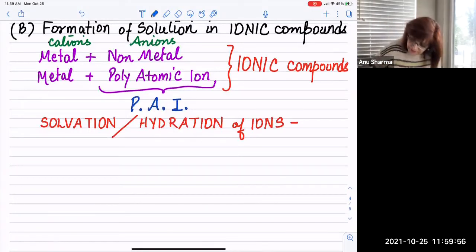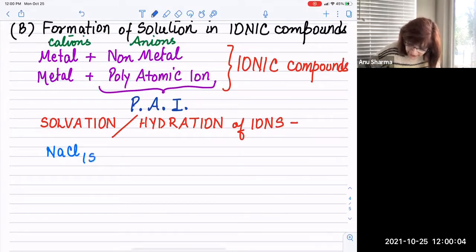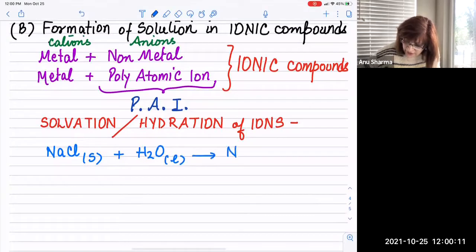How does this work? So here you have sodium chloride, for example, NaCl, and this is soluble in water. First of all, this is a solid, and when you combine it with water, which is a liquid, this is giving you NaCl that is aqueous.